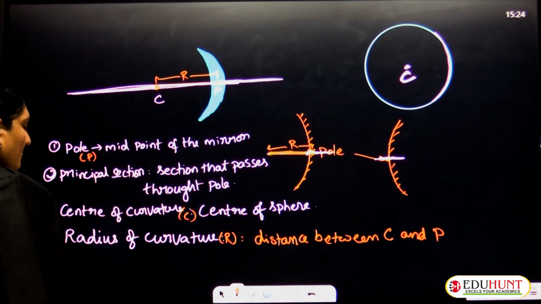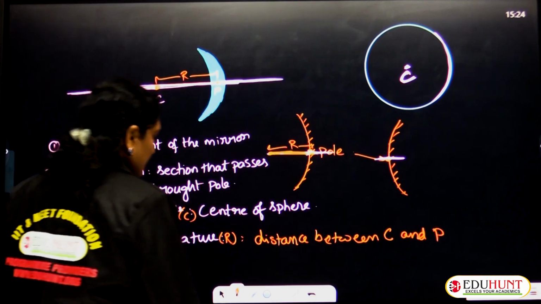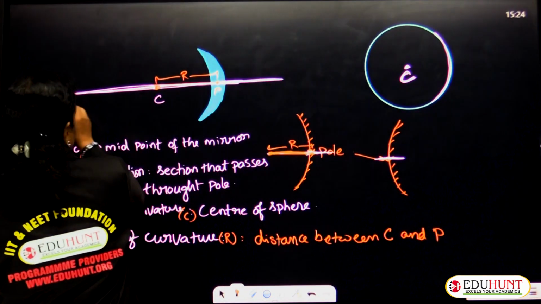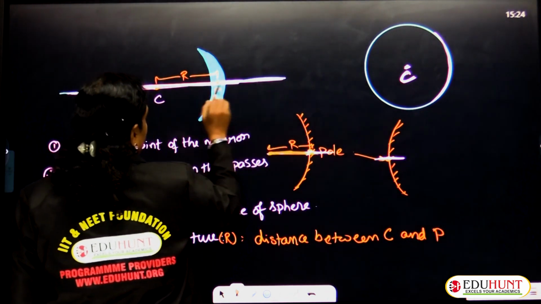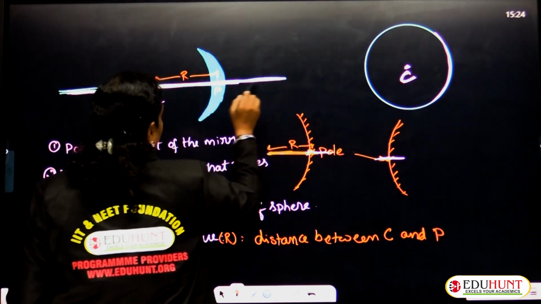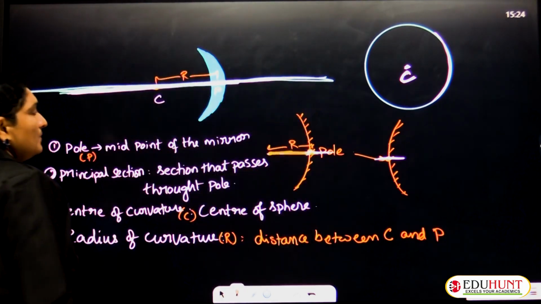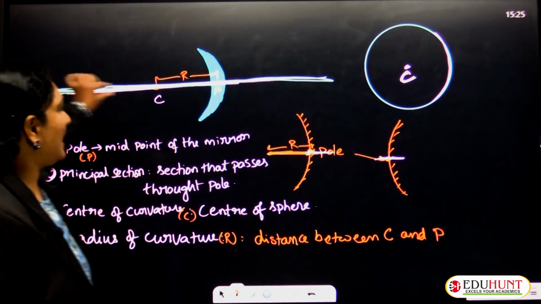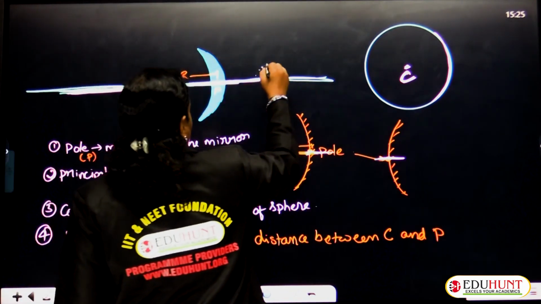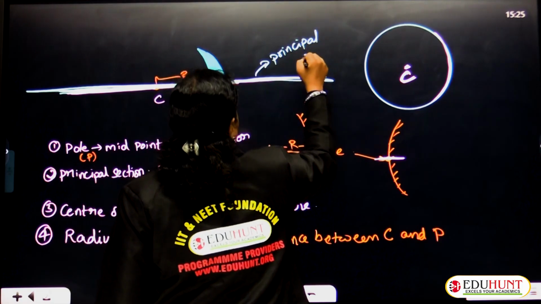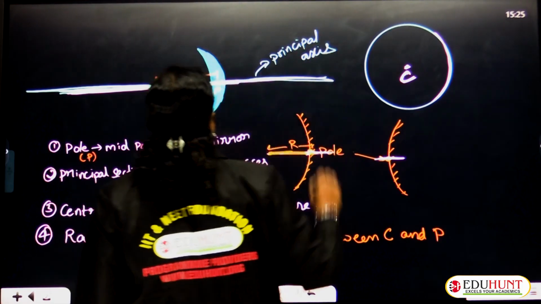Next, principal axis. As I told you, the line joining the center of curvature and the pole of the mirror, this complete line produced in both directions, that complete axis itself is called the principal axis.